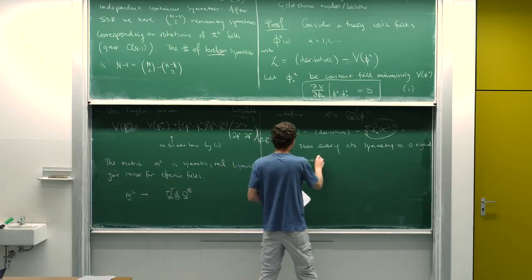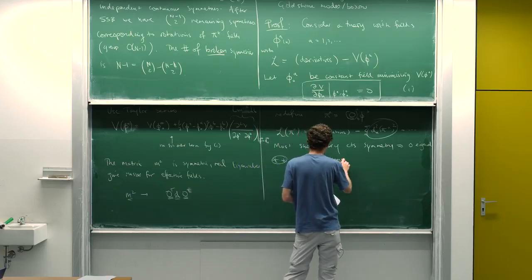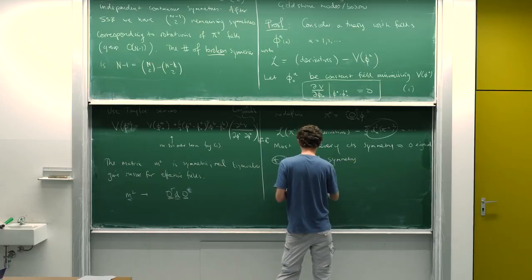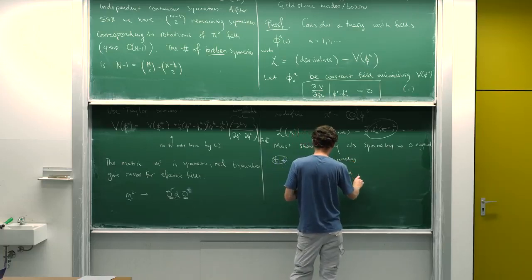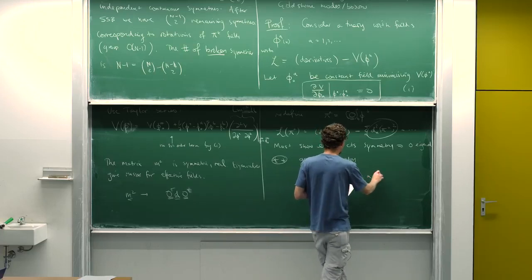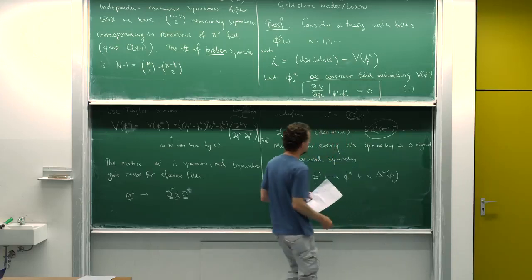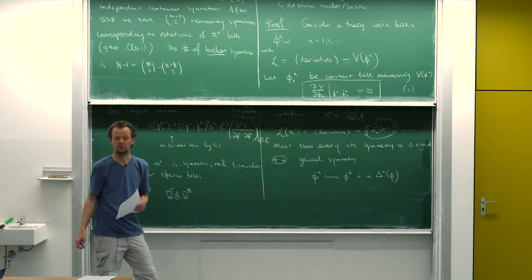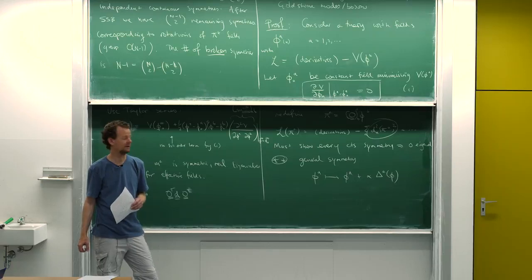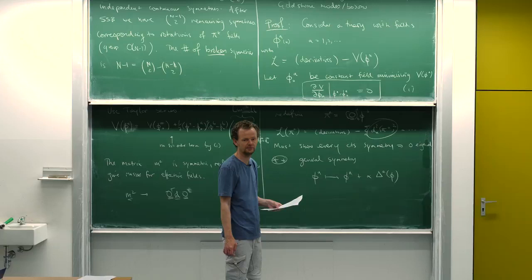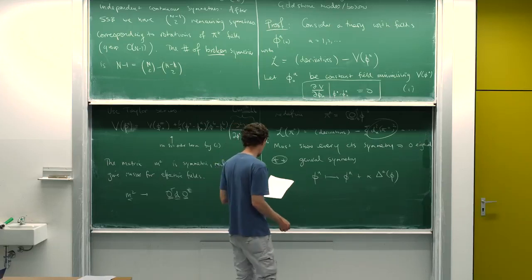So a general symmetry transformation of the fields always looks like phi A goes to phi A plus some shift, which depends on the fields. So if you remember right back to the quantum field theory course last semester, Noether's theorem, we have general global symmetries which are continuous, look like this.